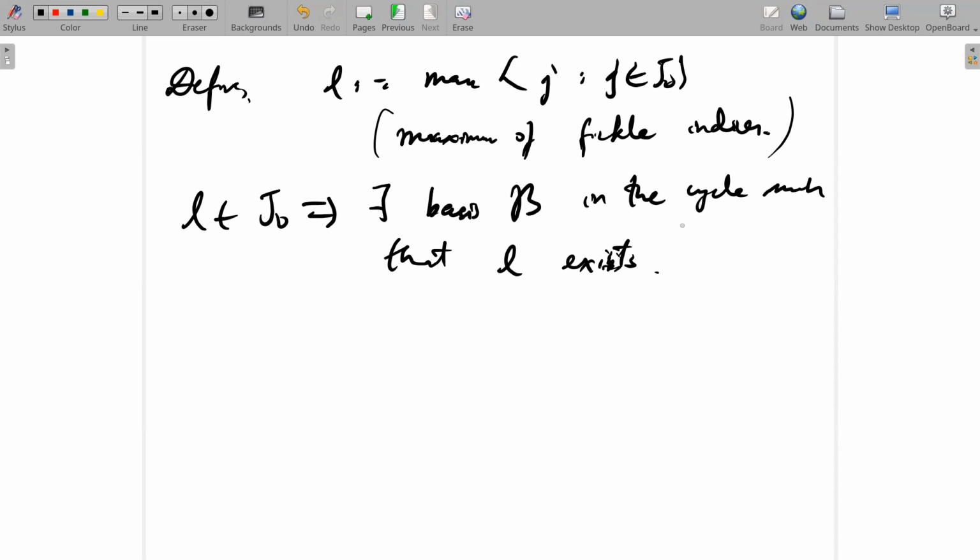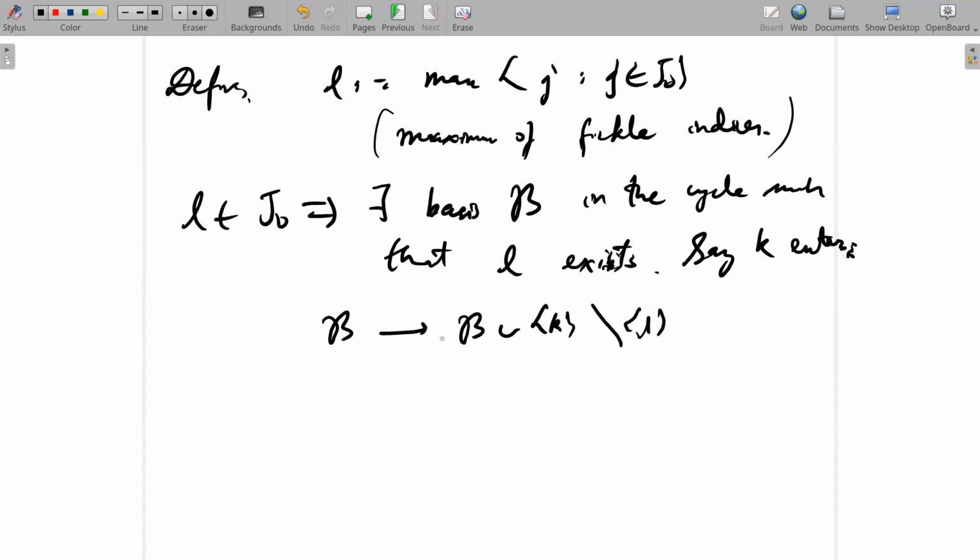So if it exits, something must enter, right? Let's say K enters. That means B is transformed to B union K minus L. It's just restating symbolically that you're adding K and removing L. So in that case, what can you say about K in comparison with L? K must be strictly less than L.